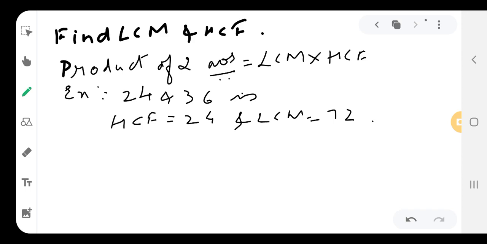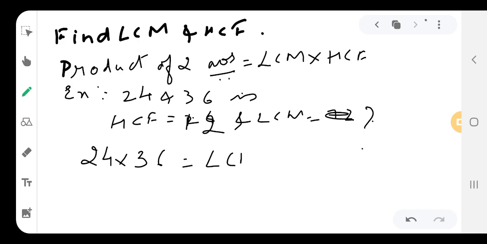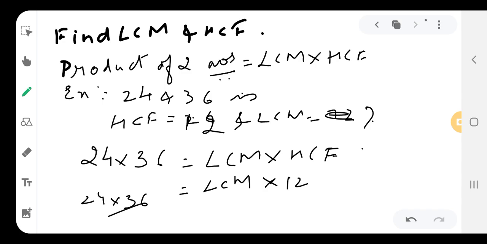Right? HCF is 12 and here it is 72. Now if we don't know LCM, then what do we get? We take the formula: 24 into 36 is equal to LCM into HCF. So LCM we don't know. If we think that LCM is not known, HCF we got 12. Now we can take 24 into 36 divided by 12 equals LCM.